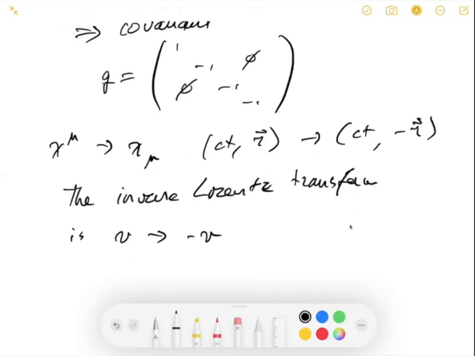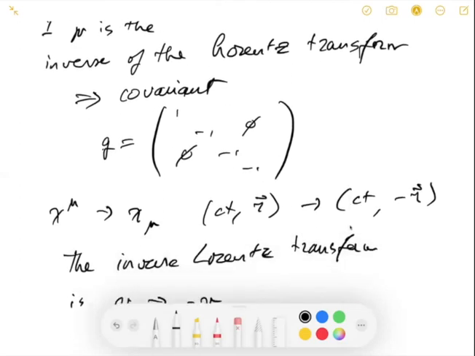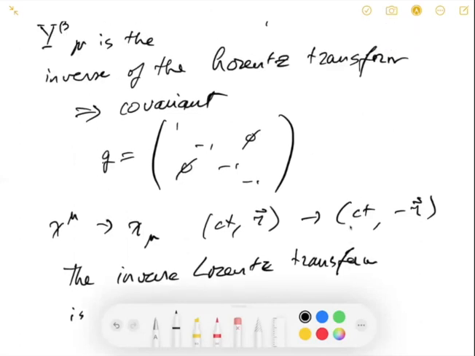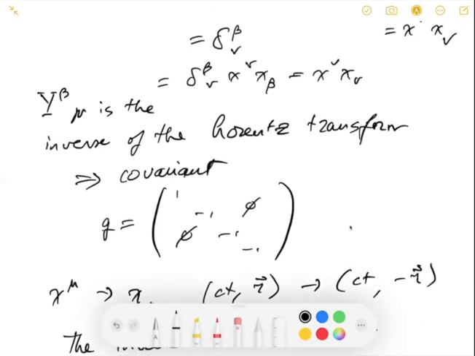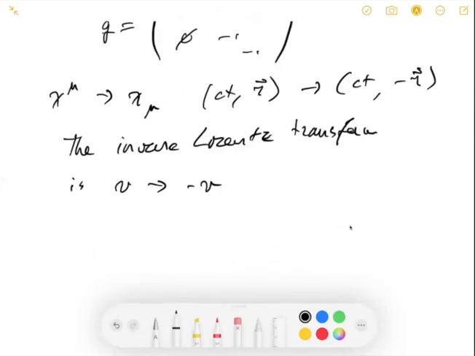Remember, we did this last class where we actually calculated the inverse of that Lorentz transformation matrix, and now we see why that is. So covariant means goes with the inverse of the Lorentz transform. Contravariant goes with the regular transform. Invariant means you get something that is independent of the coordinate system that you're in.